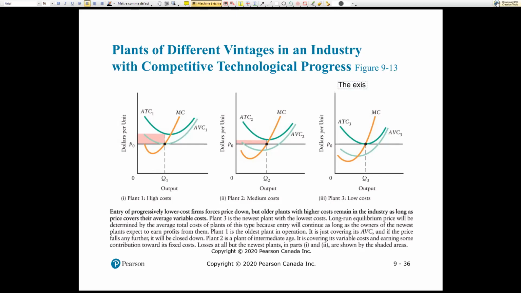So the existence of low cost firms drives price down for all firms, because of free entry and perfect competition.